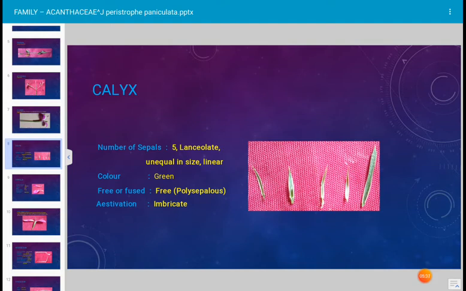The sepals, or calyx lobes, are lanceolate in shape, lance shaped, and they are unequal in size. Size is variable, and there are 5 calyx lobes. They are all free, green in color. If the calyx lobes or sepals are free, in taxonomy that is described as the polysepalous condition. And estivation is imbricate.